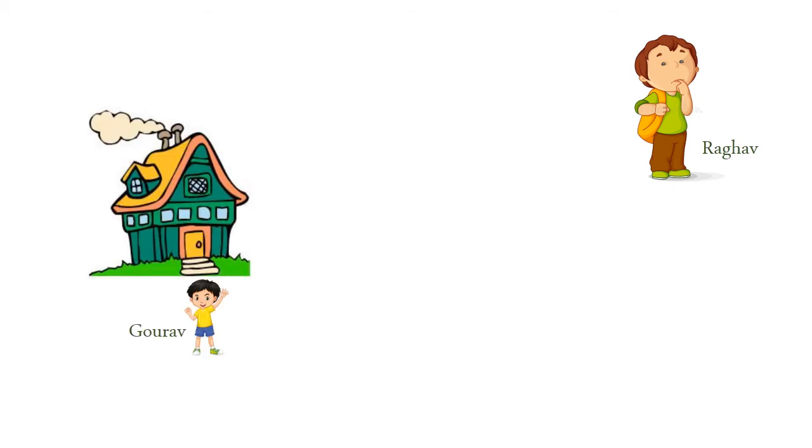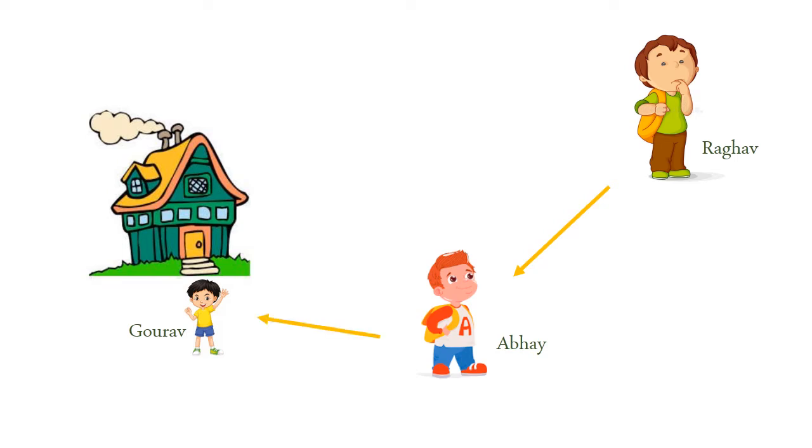But the problem with Raghav is he doesn't know the actual route to go to Gaurav's place. So, that's why Raghav is taking the help of Abhay. What is the responsibility of Abhay here? The actual task of Abhay is to help Raghav to reach Gaurav's place.